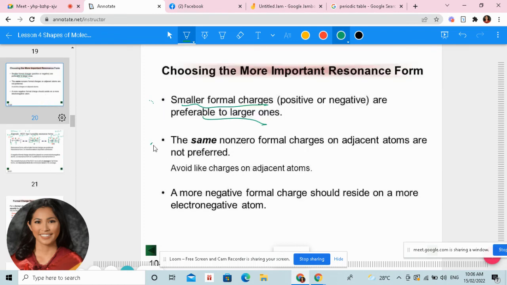Now, let's go to statement 2. The same non-zero formal charges on adjacent atoms are not preferred.